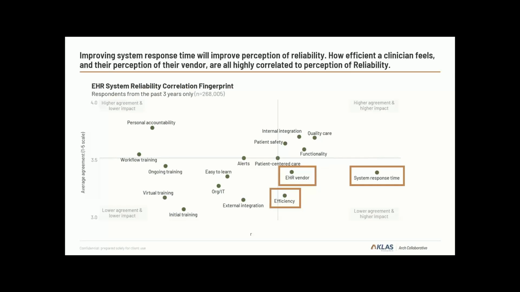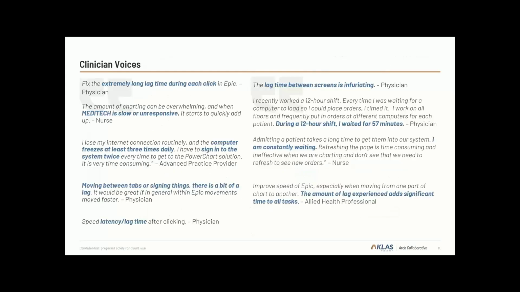That's your Microsoft Nuance DAX, your Abridge, Suki. That's for clinician efficiency with documentation, because people instinctively, even when they don't have the data, know they've got to improve that. You see people replacing their EHR all the time, right? But to the right, system response time is the most impactful. And that's the one that we want to focus on.